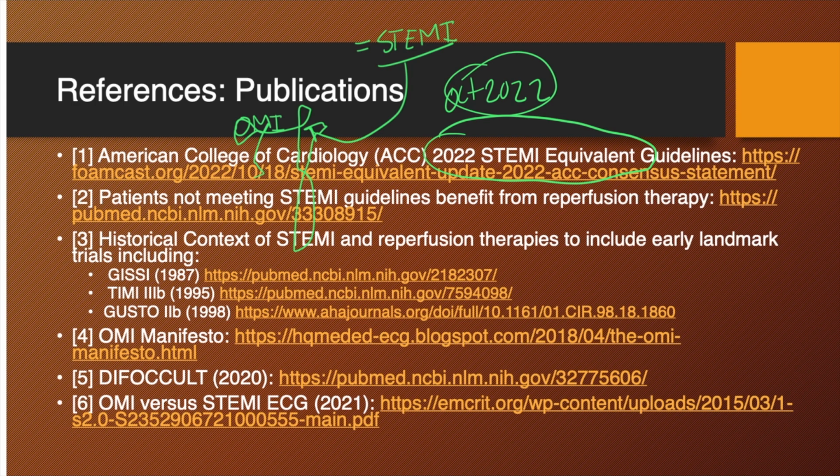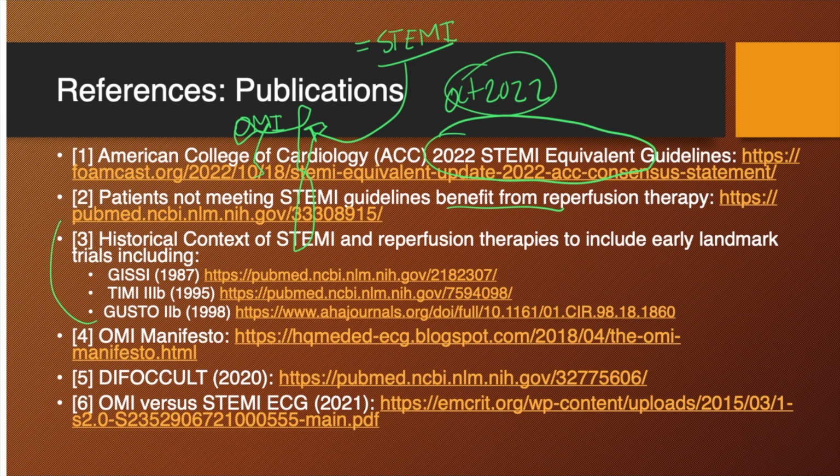So there is a big shift even in mainstream medical organizations toward the recognition that there are many other things that need to go to the cath lab in addition to STEMI. All right. Here's a study talking about patients not meeting STEMI guidelines that still benefit from reperfusion therapy.